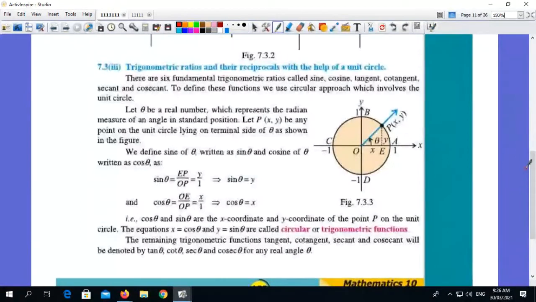Trigonometric ratios and their reciprocals with the help of the unit circle. Unit circle means a circle whose radius is 1, 1 centimeter or something.